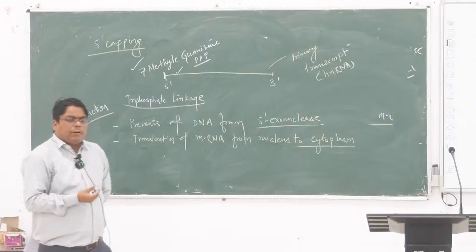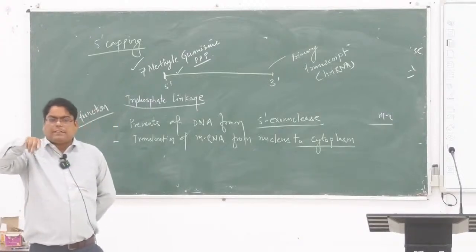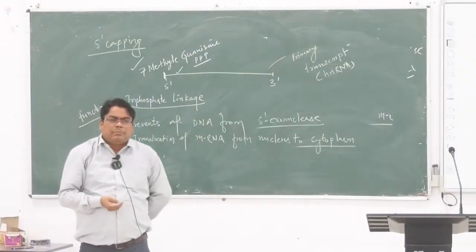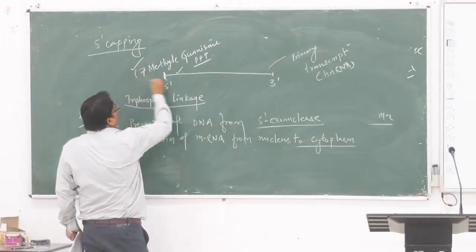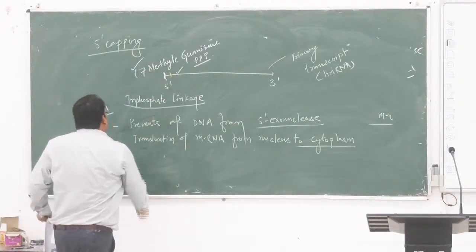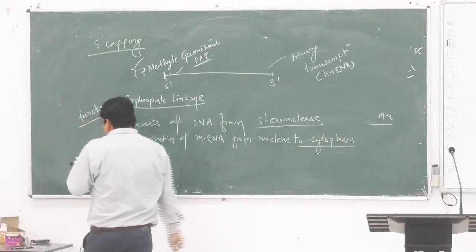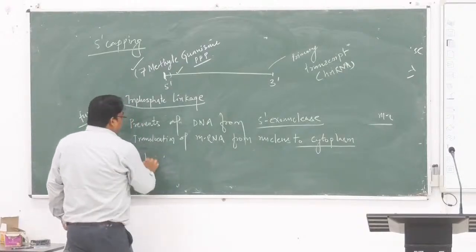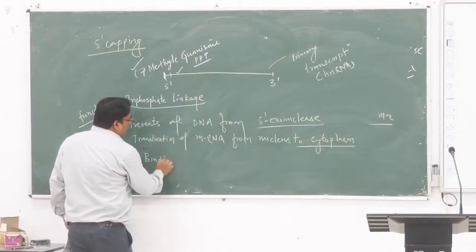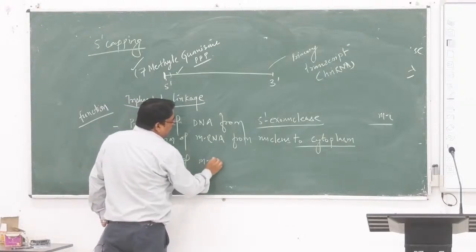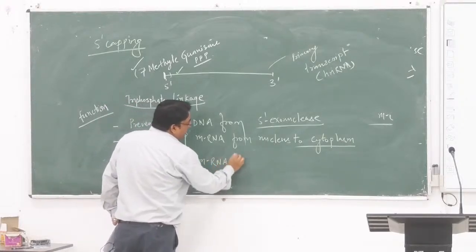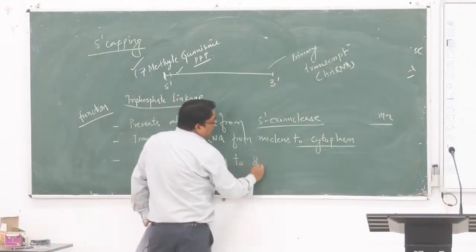So this is the important function, translocation of this hnRNA into the cytoplasm, and for this 7-methyl guanosine capping is helpful. And the third important function is it is helpful for binding of mRNA to the ribosomal unit.